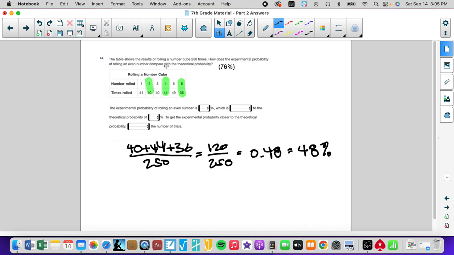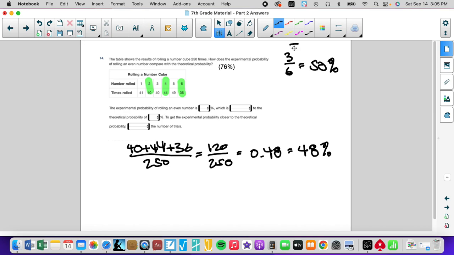If we look at the theoretical probability, there are 3 even numbers out of 6, so we were expecting a 50% chance. So the experimental probability of rolling an even number is 48%, which is close to the theoretical probability of 50%.